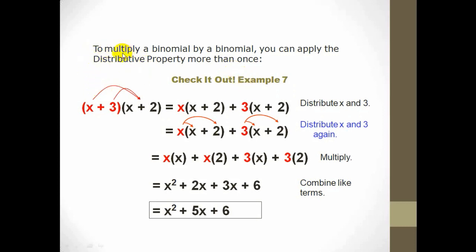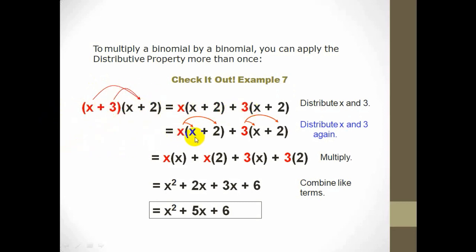Now to multiply a binomial by a binomial, you can apply the distributive property more than once. In this example, this is a binomial and this is also a binomial. So first of all, distribute x and 3. Distribute x on x plus 2, and distribute 3 on x plus 2.